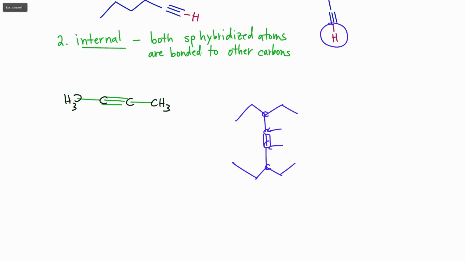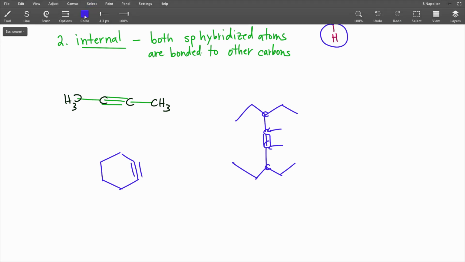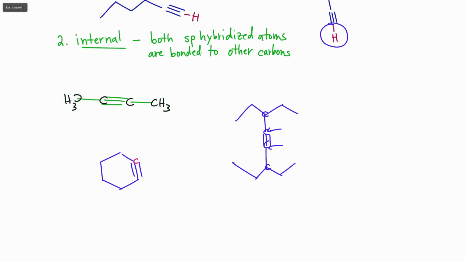Okay, let's look at another example. This is considered to be an internal alkyne. This carbon has 1, 2, 3, 4 bonds.